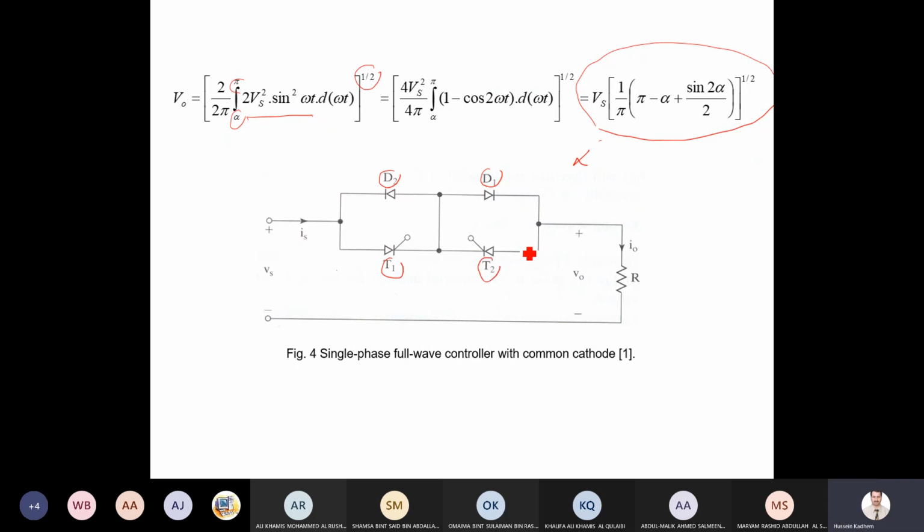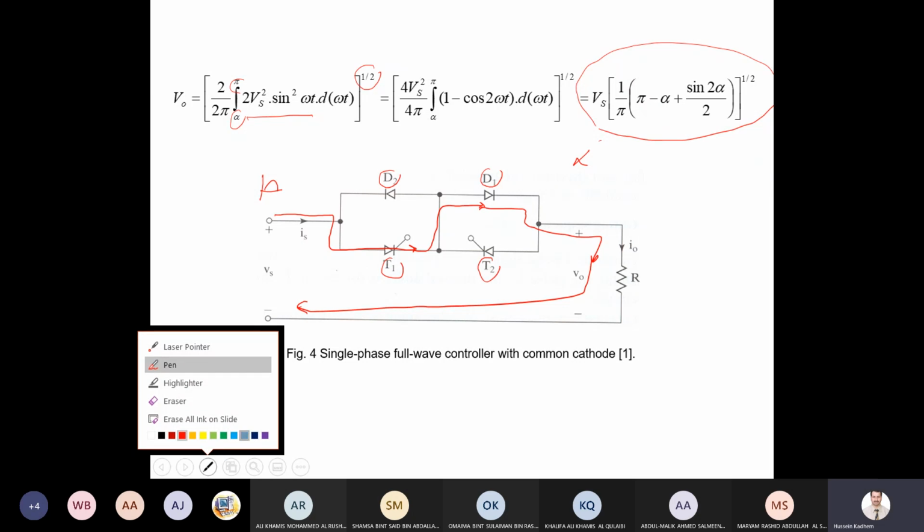This circuit gives the same effect as the previous circuit with 2 antiparallel thyristors. How does it work? When we have a positive signal, current will come from here through this side, this thyristor T1, and through the diode. This is the right way. And back.